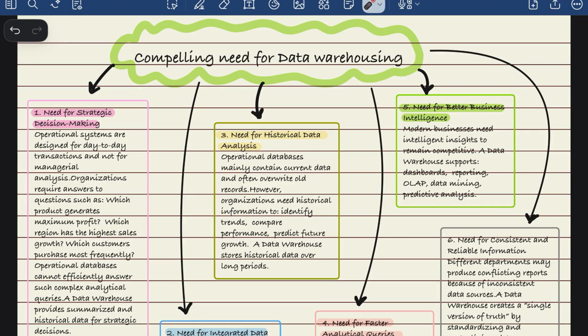Alright, the last need of a data warehouse is the need for competitive advantage. In the modern business world, the fastest company wins. So if you can read the customer trends, spot market drops, and optimize your prices faster than the guy next door, you stay on top.